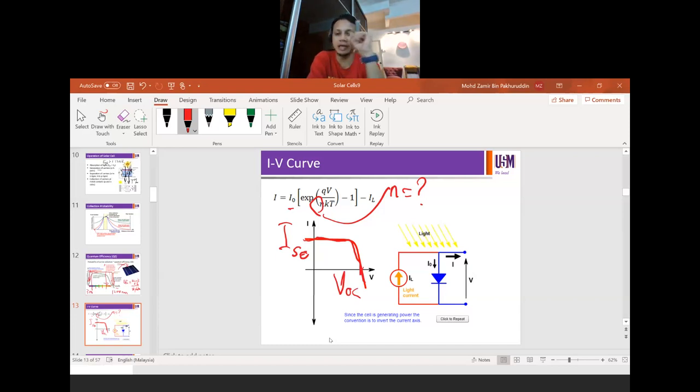Can you recall what is n? Tak ingat? What is n? Ideality factor, okay? Ideality factor. So still remember what is the n value of an ideal diode? Ideal diode berapa dia punya n value?